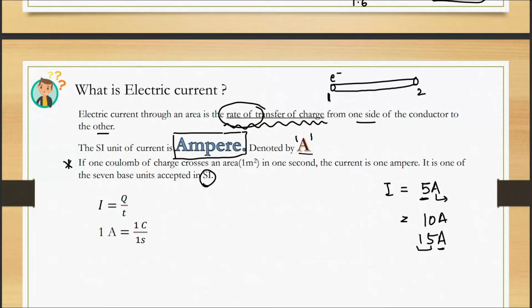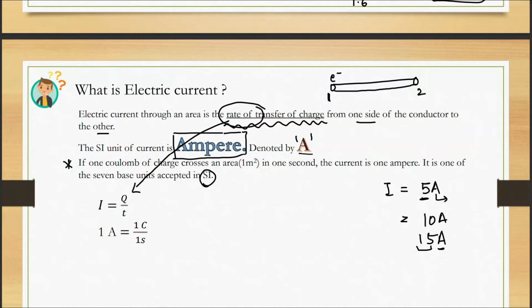We will define 1 ampere based upon the formula, that is I is equal to Q by T. So the formula for current, as we just said, is rate of transfer of charge. What does rate of transfer of charge mean? That how many charges are flowing per unit time, right? That is what rate means. I am just connecting you with the definition. So rate of transfer of charge is nothing but Q by T. Just coming from the definition, I can derive the formula as well, I is equal to Q by T, right?